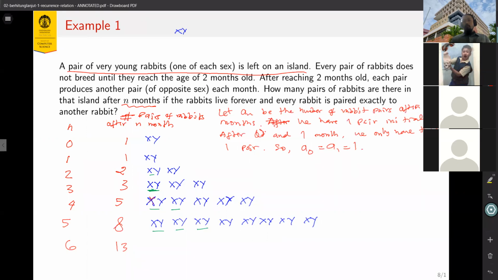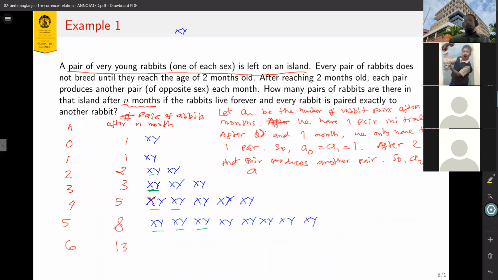Now after 2 months, that pair produces another pair, right? So that means a2 is 2.